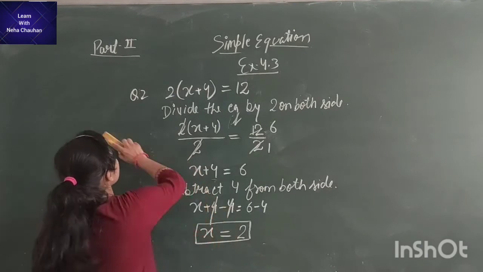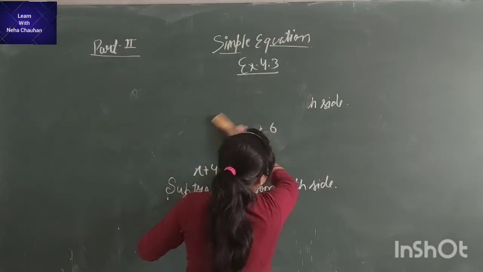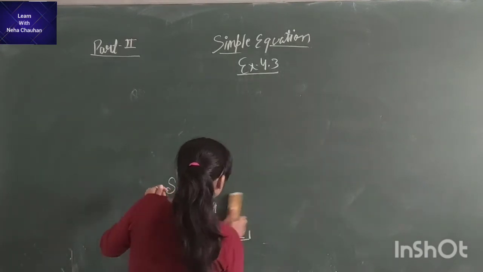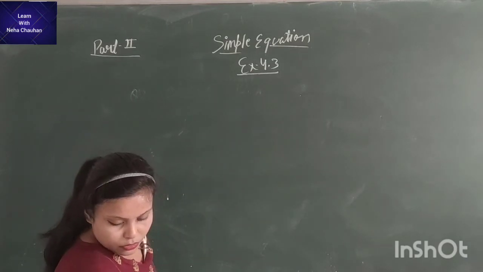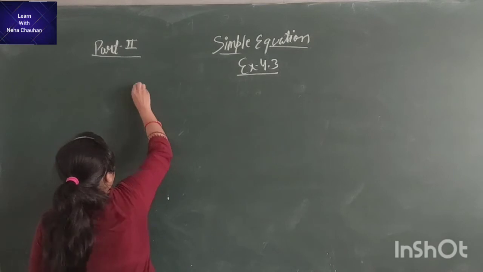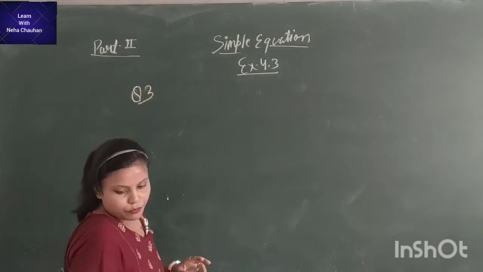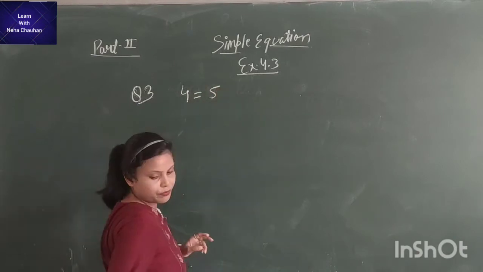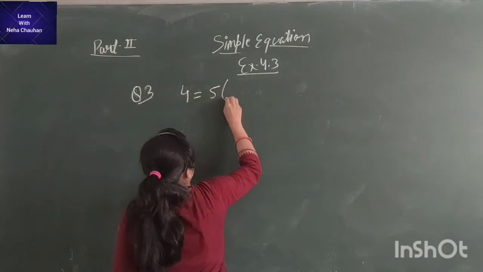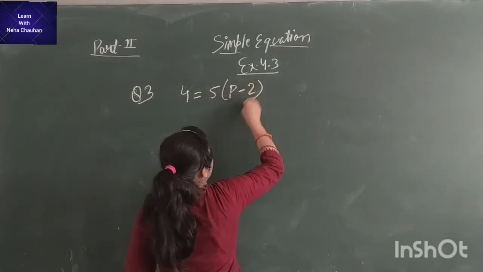Now let's do question number 3. In question number 3, the equation is given as 4 is equal to 5 multiply p minus 2.